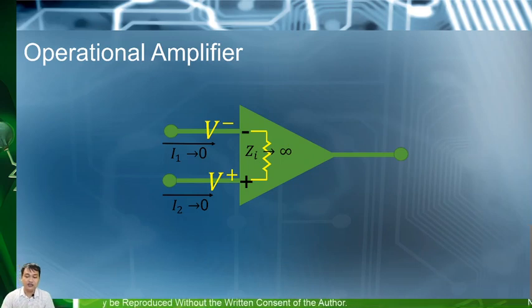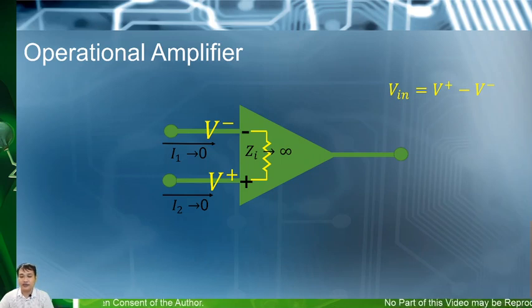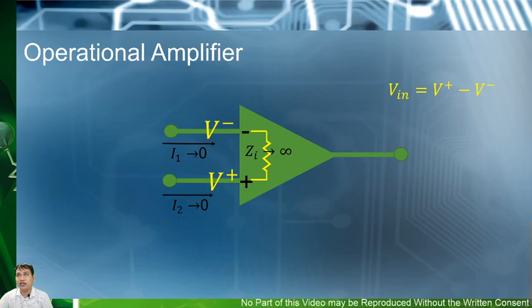For that reason, we can amplify a very small signal applied to the op-amp. So, our input voltage is equal to the difference of the two input terminals. So, V plus minus V minus.